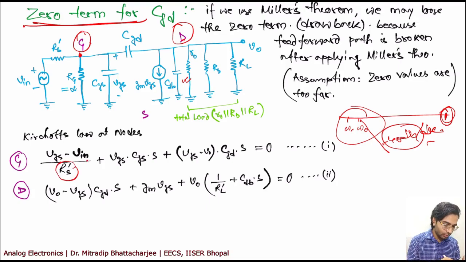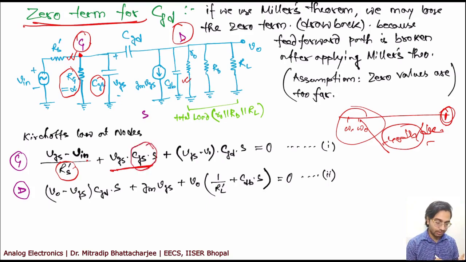So a current will come from this branch, and in this case we consider RG to be very high compared to RS dash, so we are ignoring RG. Another current will be for CGS, which is VGS into CGS into S. I already have said why this is so, because this is the impedance part, right?